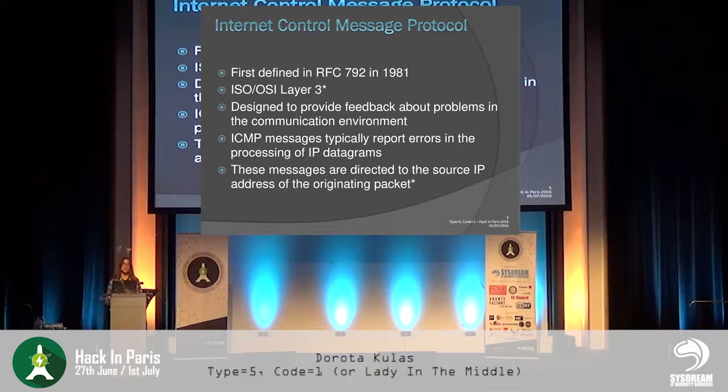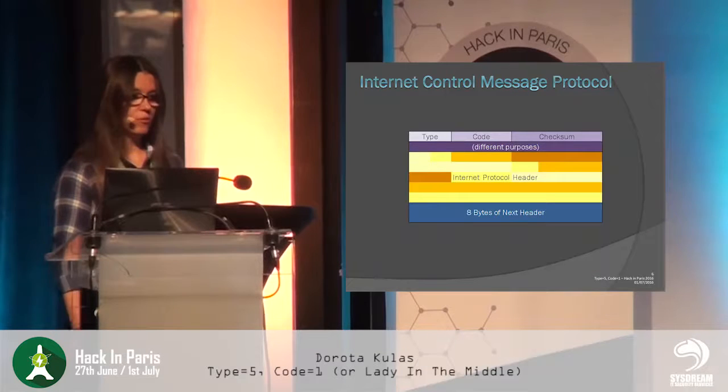One example of an ICMP error message is UDP port unreachable. When the packet reaches the destination and there is some error, the host, or typically the router, but sometimes just the destination host, will send back an error message with an IP header of its own, and then it will embed the ICMP message, which then embeds another IP header of the originating packet.